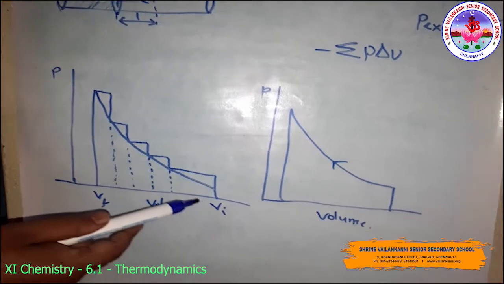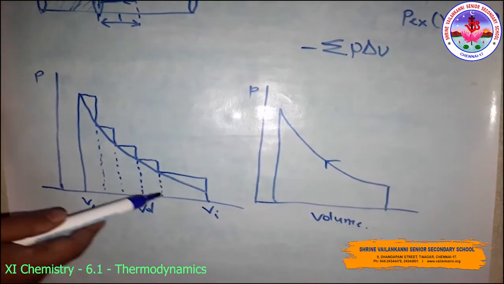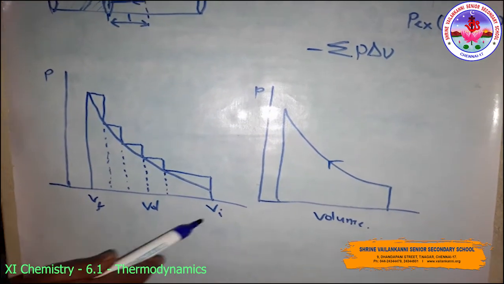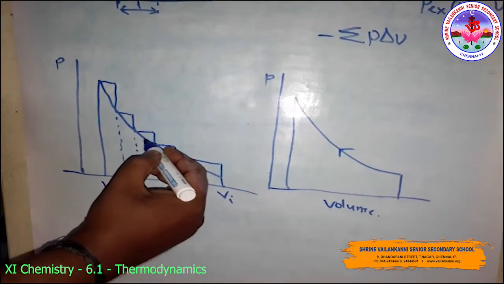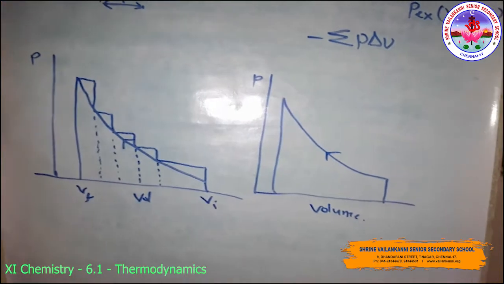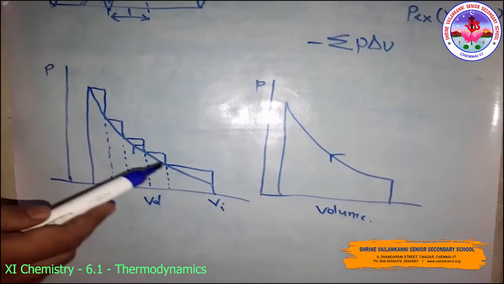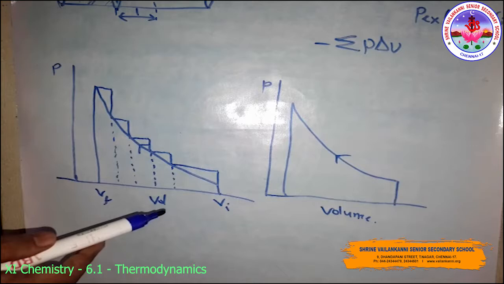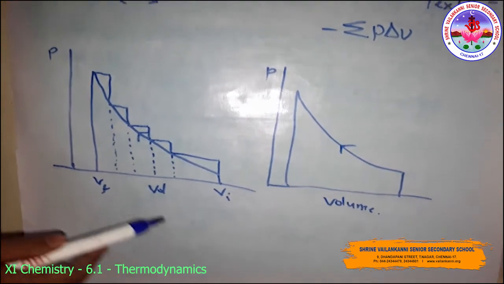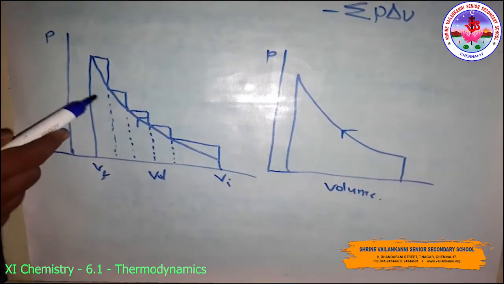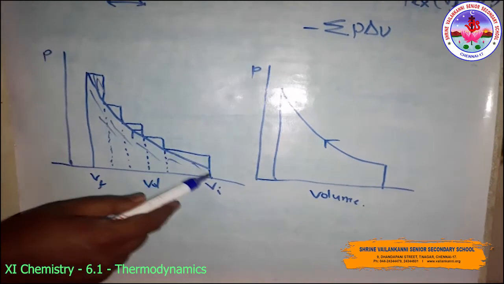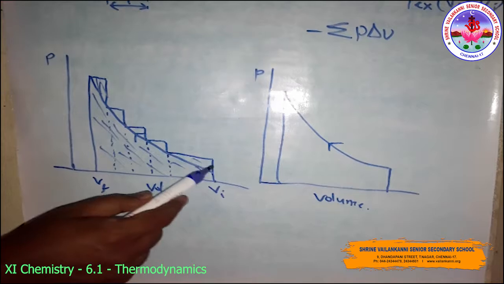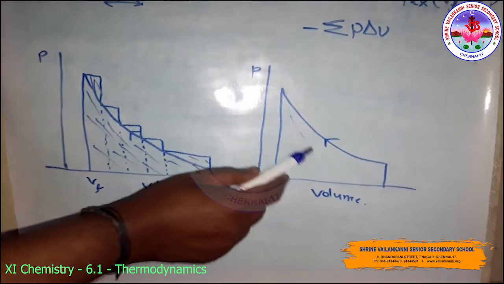Look at the finite steps during the compression from the initial volume to the final volume. Going from V initial to V final, the work done on the gas is represented by this shaded area.